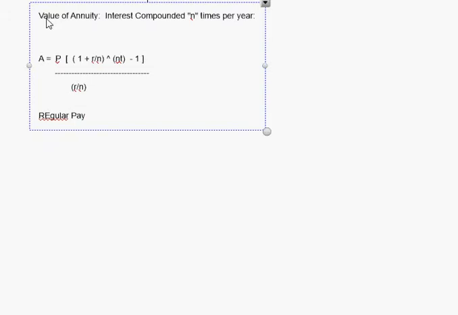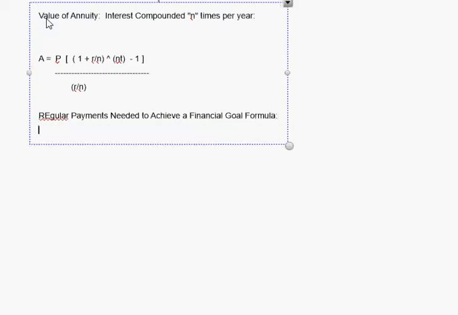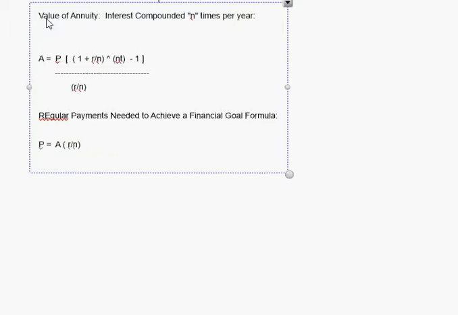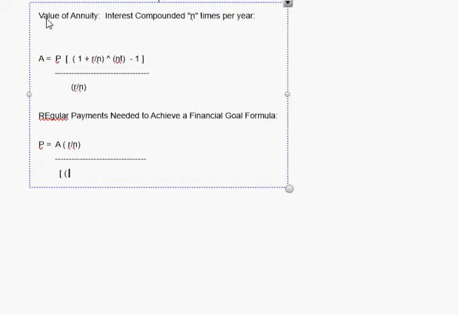Regular payments needed to achieve a financial goal formula. P equals A (R divided by N) over [(1 plus R divided by N) raised to the NT power, subtract 1].